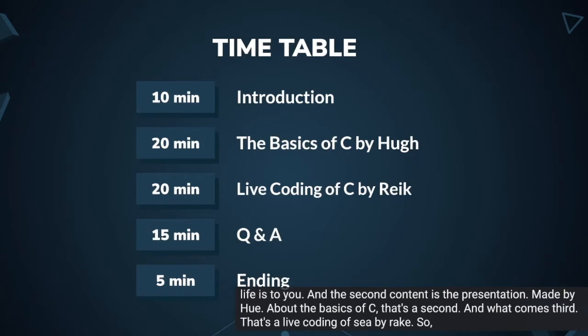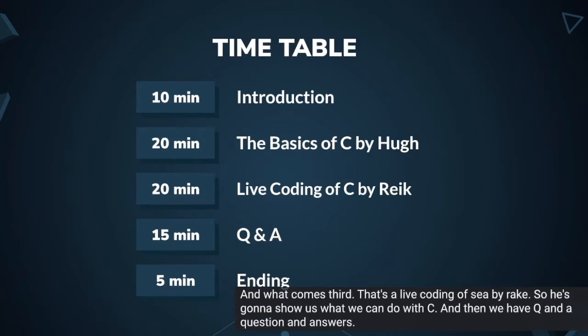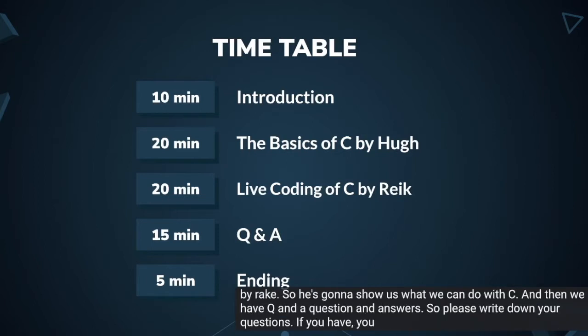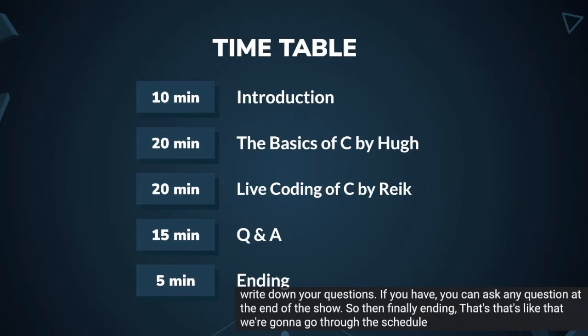So he's gonna show us what we can do with C. And then we have Q&A, question and answers. So please write down your questions. If you have, you can ask any question at the end of the show. So then finally ending. We're gonna go through the schedule like this today.